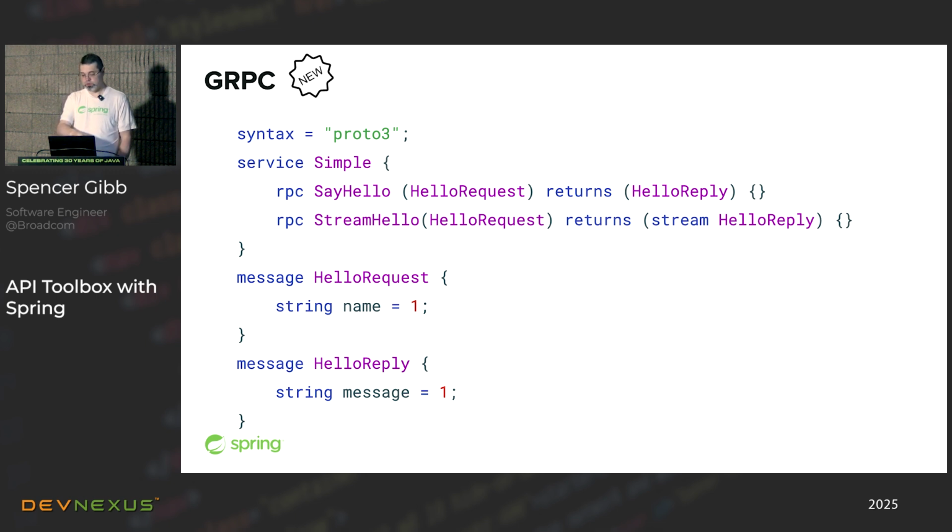What you define here is a proto file, and you have the service, which are the operations, and that's used to generate the server end, and it can also create clients, and those do the serialization automatically for you.